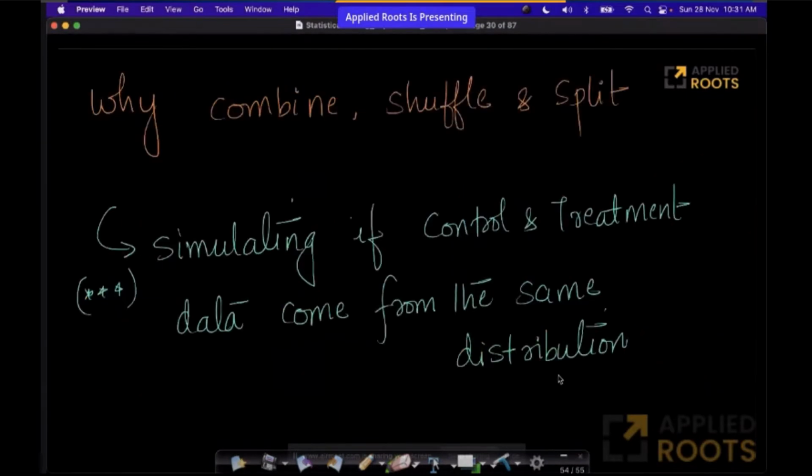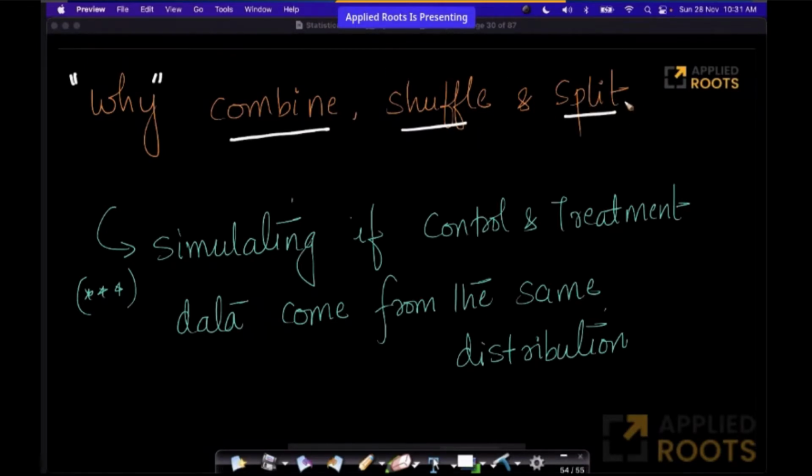The game is not yet over. We are just getting started. This is probably one of the most important and interesting ideas in probability. It might take a little time to digest, so I'm going to go a little slowly here. Your question should be, always ask why. Why the heck are we combining shuffling and splitting, or permuting and resampling?